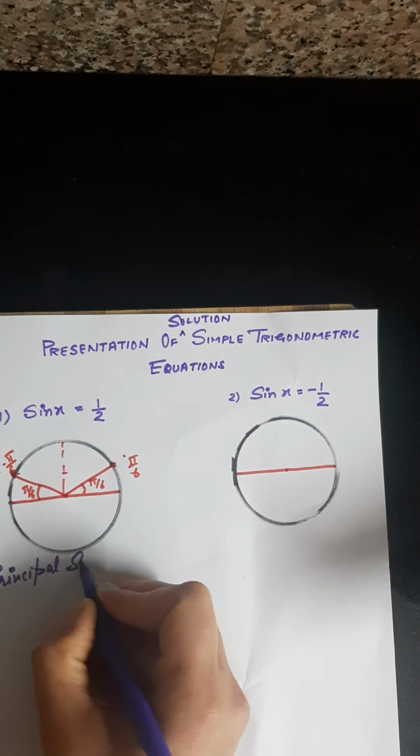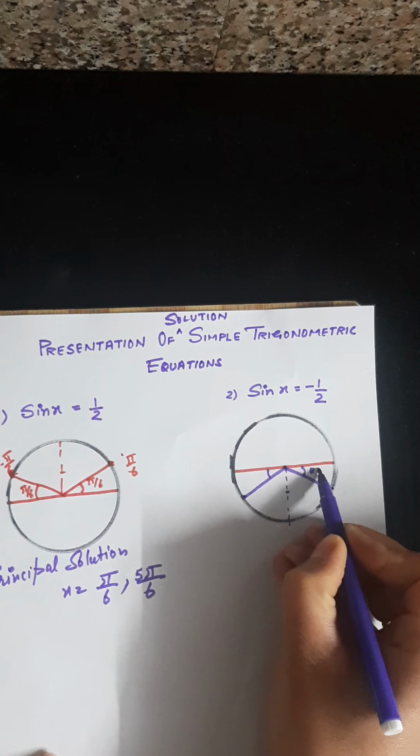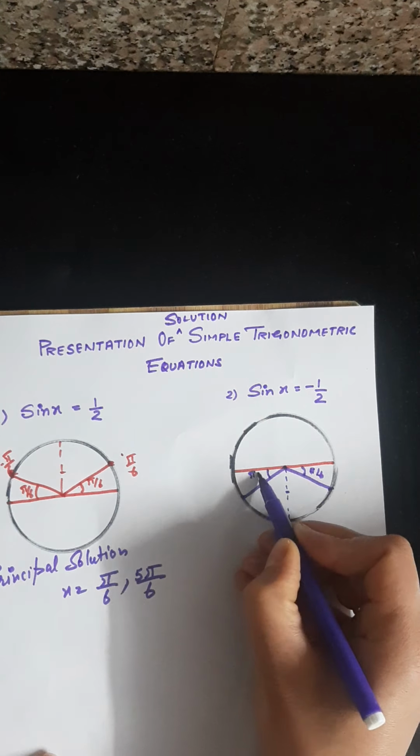So pi by 6 in the third quadrant and pi by 6 in the fourth quadrant. As this is 1 unit, this is half, this one and this one. That means this is pi by 6 and this is pi by 6. These both are pi by 6.